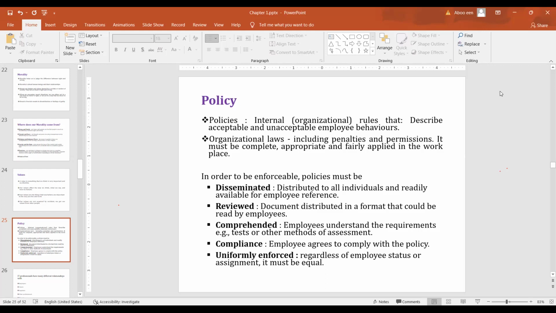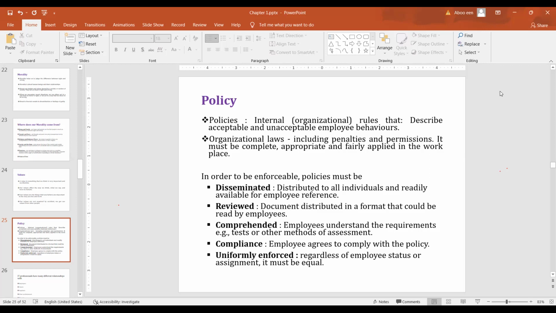That should be comprehensively communicated: the steps to get the promotion, how many years he or she has to be in service, what tests or assessments he has to complete, and what training or other requirements he has to face. Everything should be communicated.